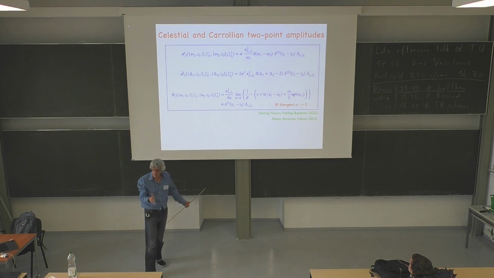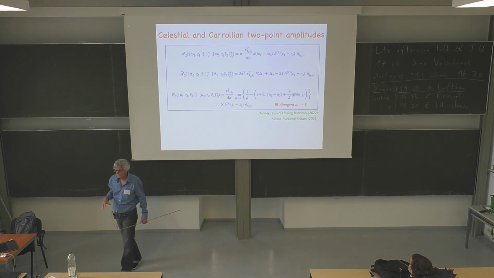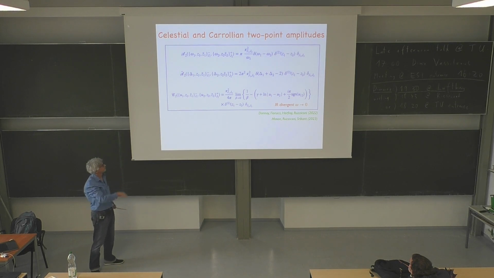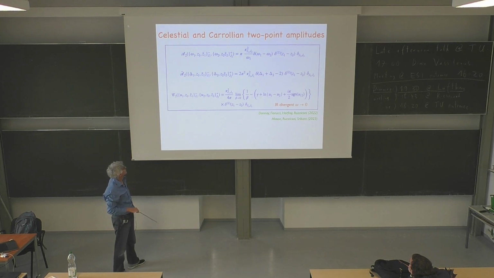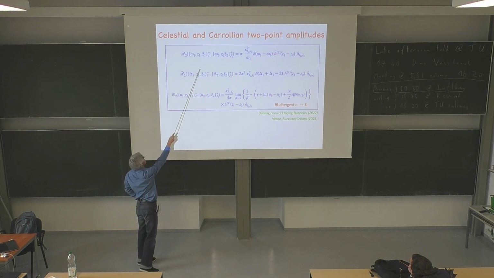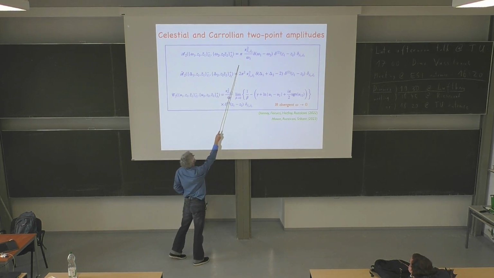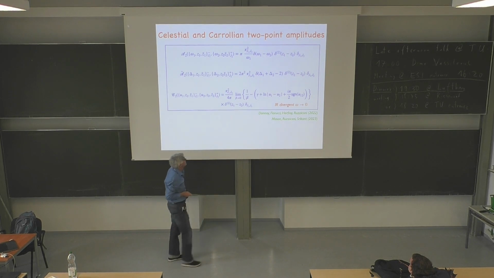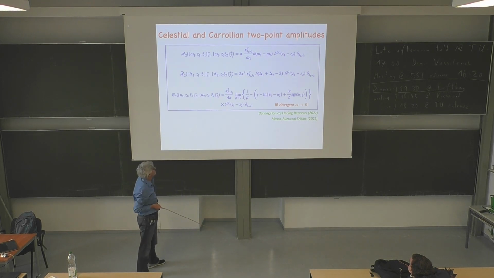I should say, everything I'm doing is tree-level. So there was no loop in this n-point scattering amplitude. So this is a 2-point tree-level amplitude, just written in terms of these coordinates of the massless particles.